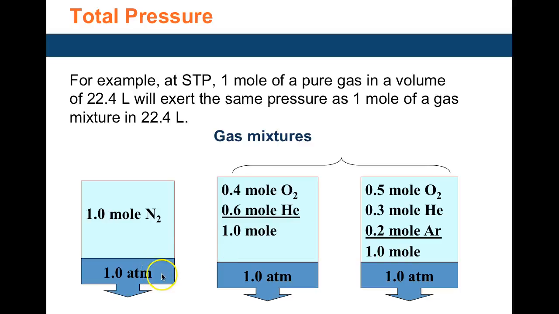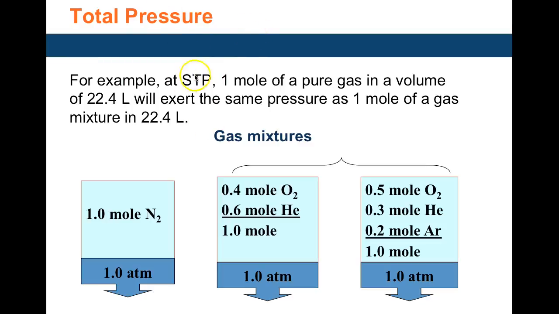The atmospheric pressure is 1 atm, all right? So there is a pressure of 1 atm. It's 1 mole, and this acronym STP stands for standard temperature and pressure. Standard temperature is either 0 degrees centigrade or 273 K, all right? Standard pressure is 1 atmosphere or 760 millimeters of mercury.